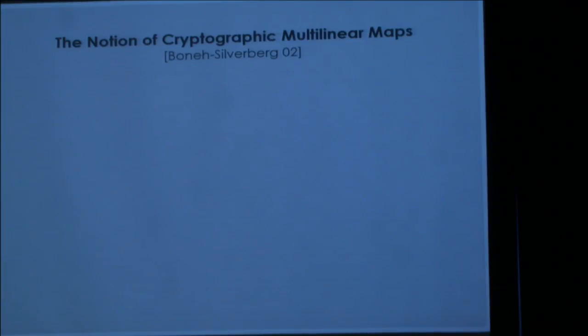In 2002, Boneh and Silverberg suggested a notion they called cryptographic multilinear maps. This notion extended an existing notion called bilinear maps. And they also showed that these maps, if they exist, will have far-reaching consequences in cryptography.